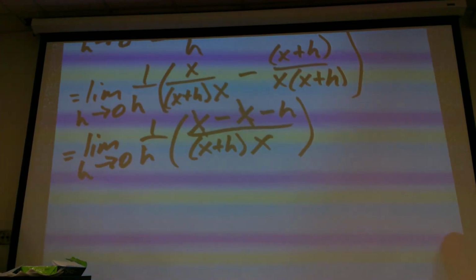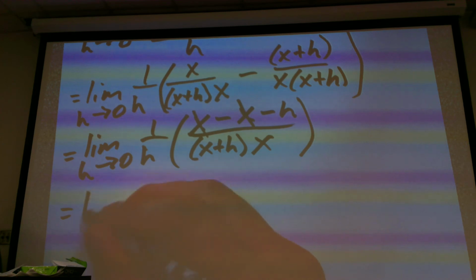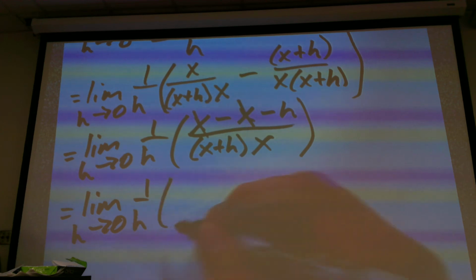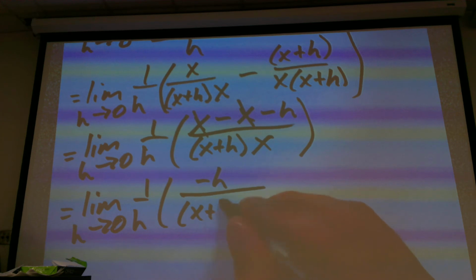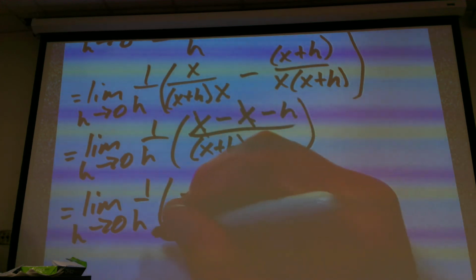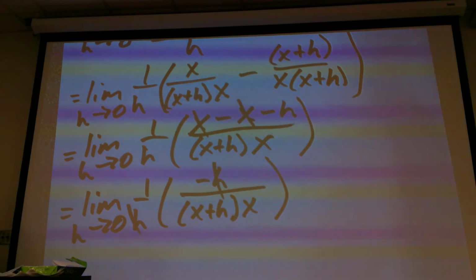Then we would have the limit as h tends towards 0, 1 divided by h, negative h, x plus h, and x. At that point, h and h will cancel each other out.